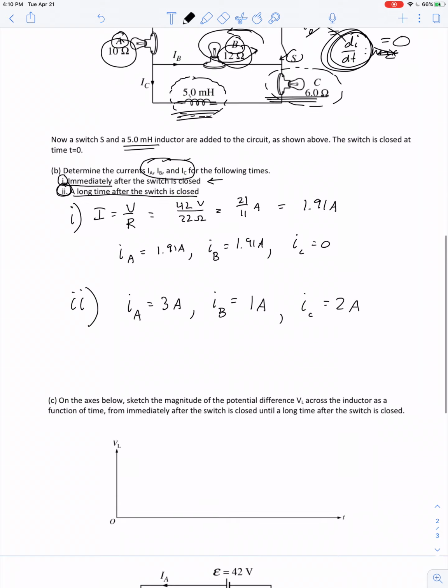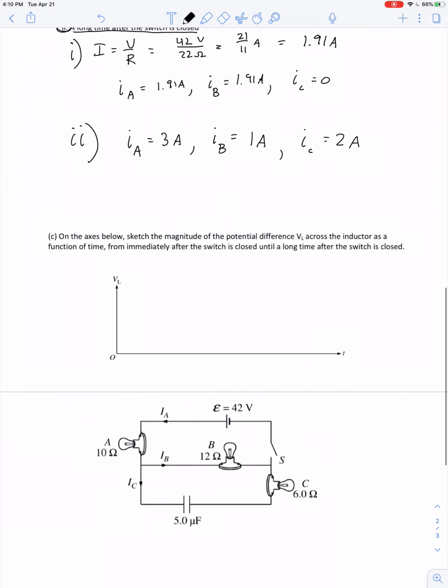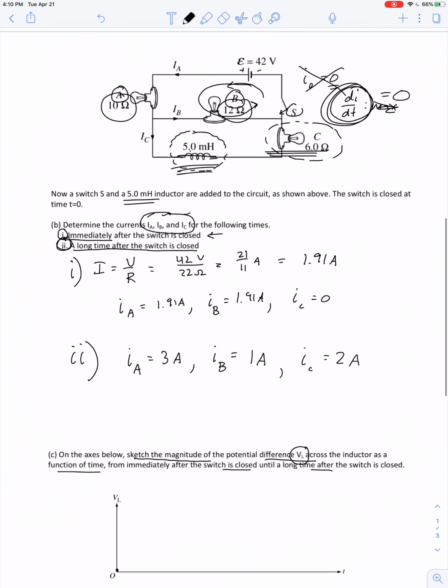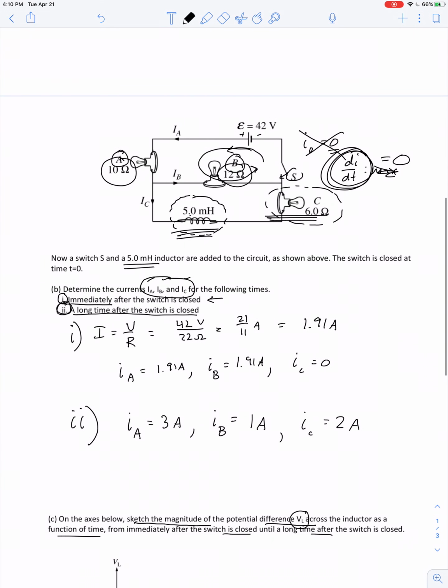Okay, not bad. On the axes, sketch the magnitude of the potential difference across the inductor as a function of time, starting from the moment it's first closed until a long time after. So initially, the potential difference across the inductor, that's the potential difference from here to here.